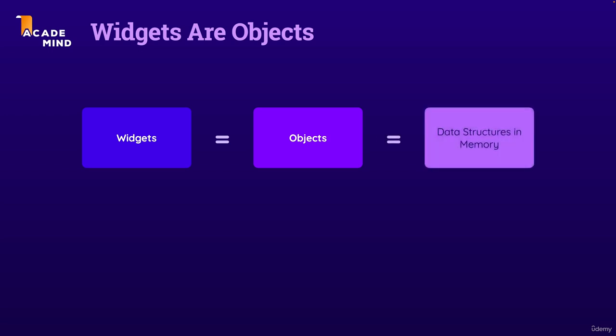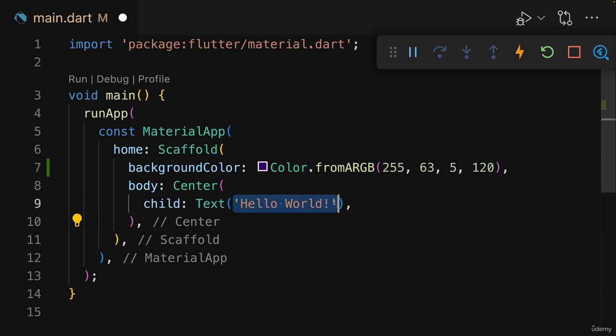So that's simply how Dart saves your values in memory on the device on which your application is running. Now, objects are a core concept in Dart because, as mentioned, all your values are objects in the end. And there are simpler objects like this Hello World text, but also more complex objects like this color object or your widget objects like MaterialApp or Scaffold.